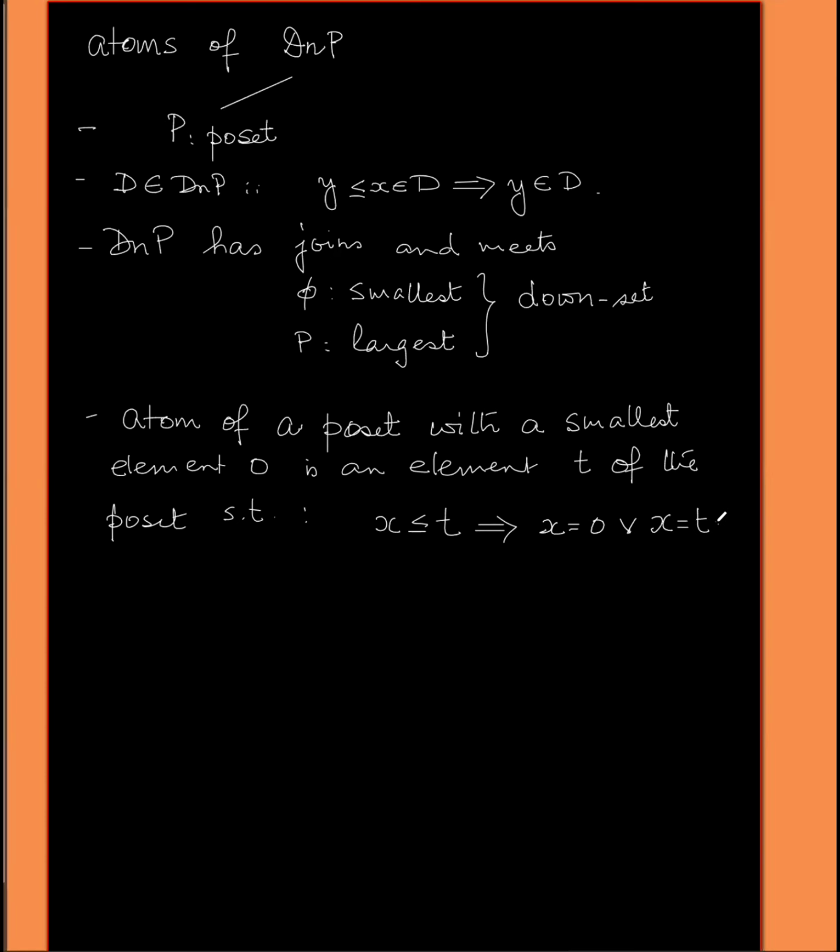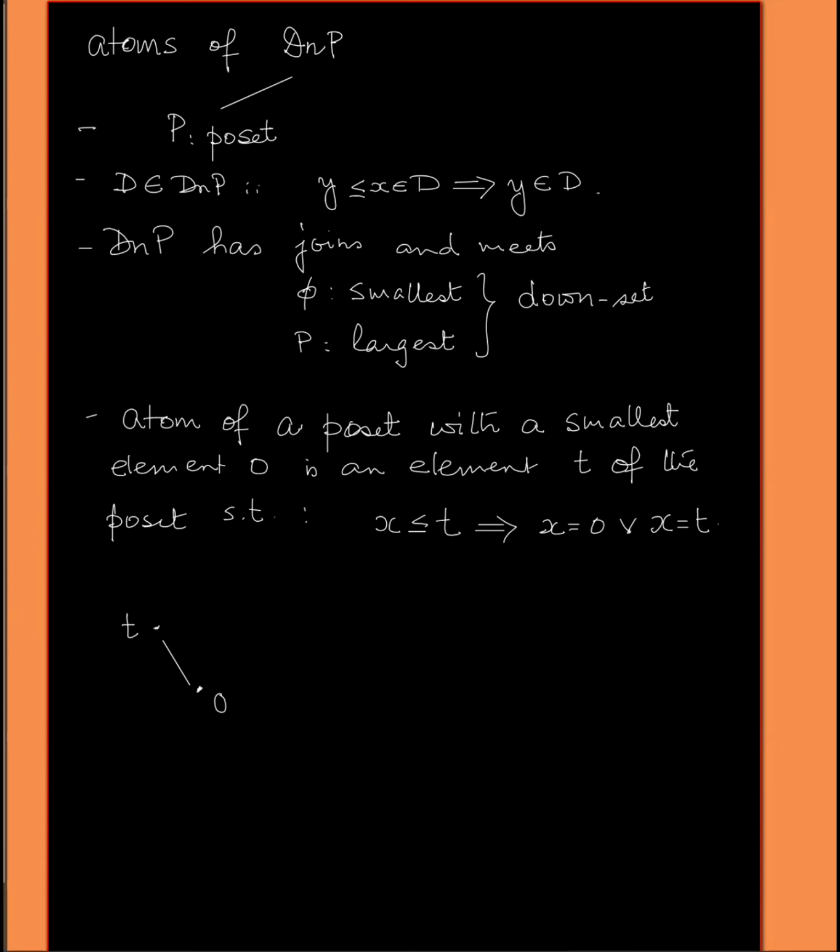So that means the picture is something like this. You have the smallest element and you have the atom, and there is nothing in between. So there's only T is larger and there can be nothing in between.